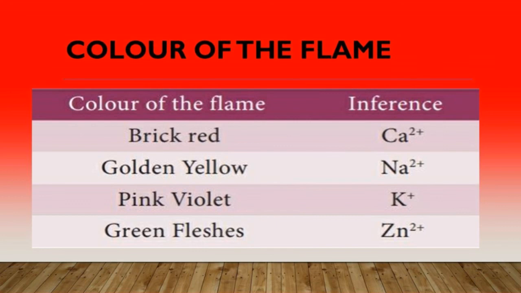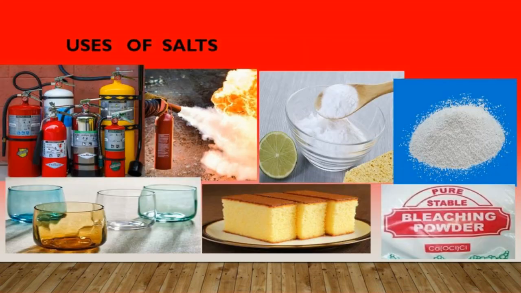Brick red, Ca2+. Golden yellow, Na+. Pink violet, K+. Green flashes, Zn2+. When HCl is added to a carbonate salt, it gives carbon dioxide with a brisk effervescence.